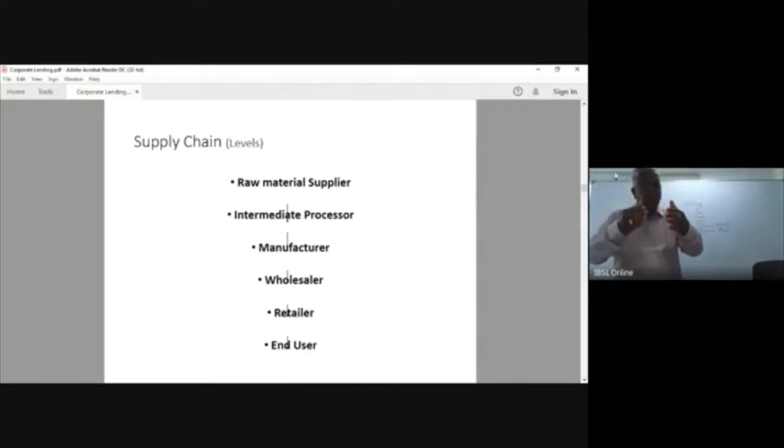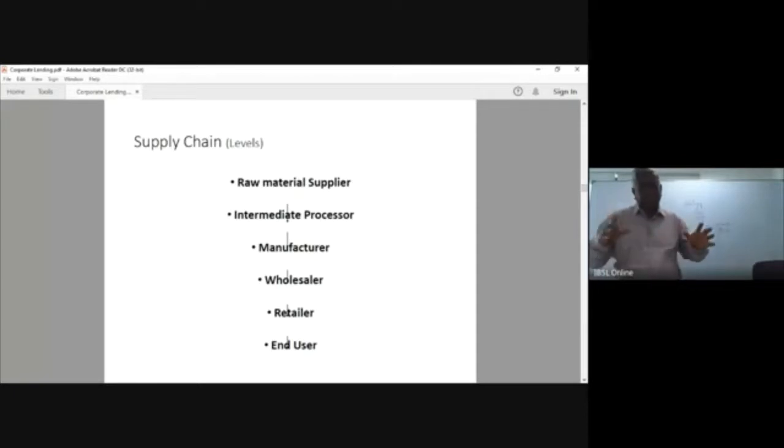Then it moves to an intermediate processor, and then to the manufacturer. From the manufacturer it goes to the wholesaler, from the wholesaler to the retailer, and from the retailer to the ultimate end user. So this is the supply chain.